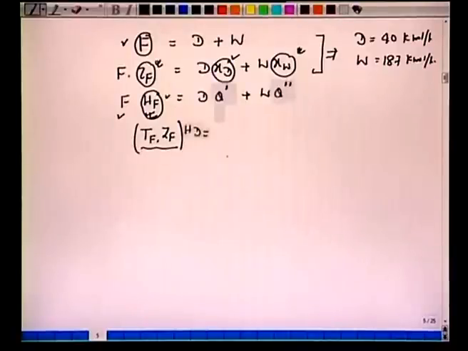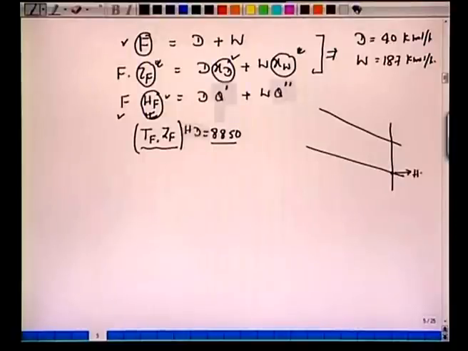HD is the enthalpy of the top product, so that is 8850. All right. So if you recall your enthalpy, the previous diagram here, we marked this point which was HL0, same as HD. All right.